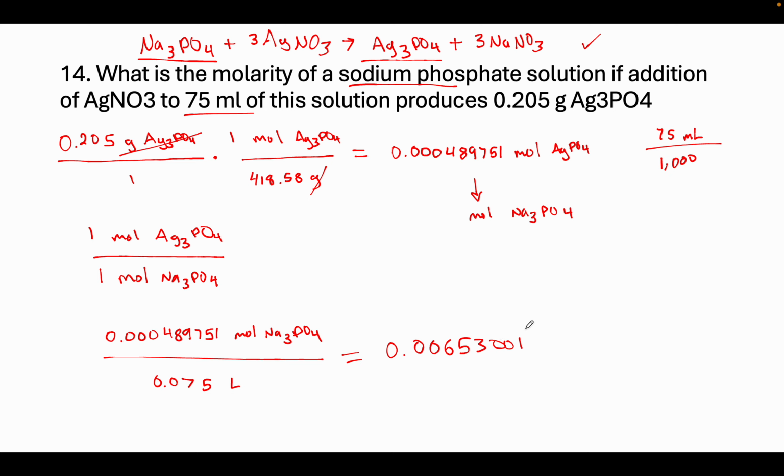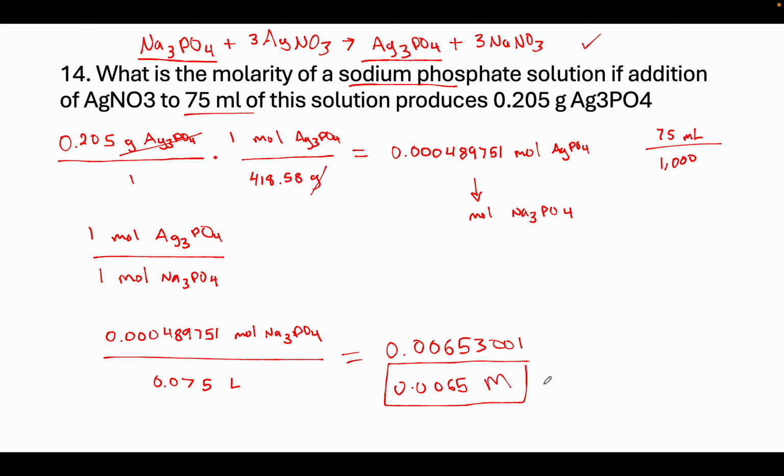That gives 0.00653001. I don't want to write this whole thing out. Let's just simplify. 0.0065. There we go. Easy peasy. No need to complicate it. I'm sure the professor's probably going to ask us to simplify anyway.